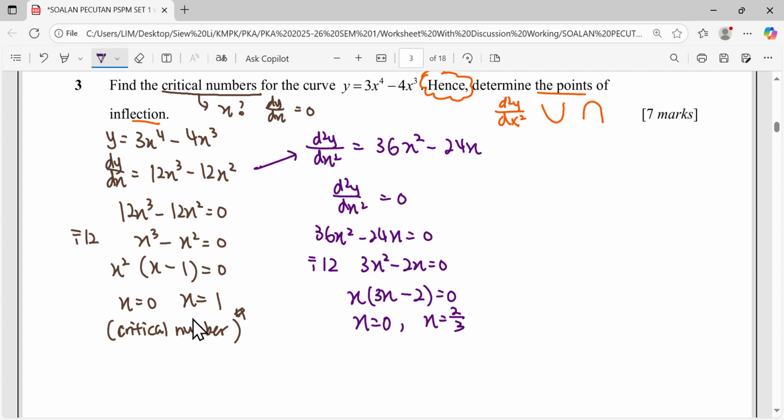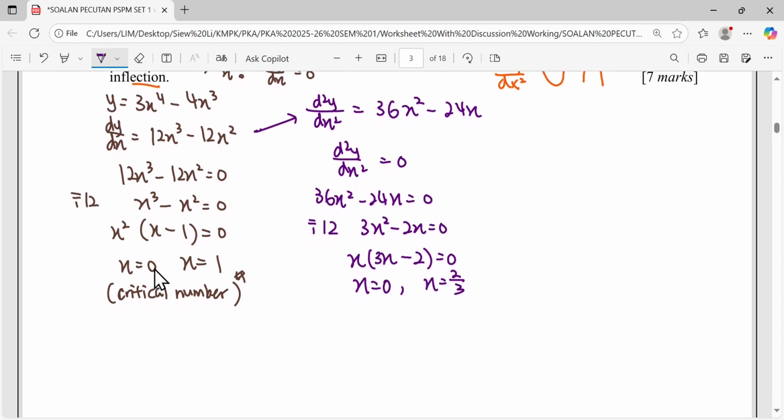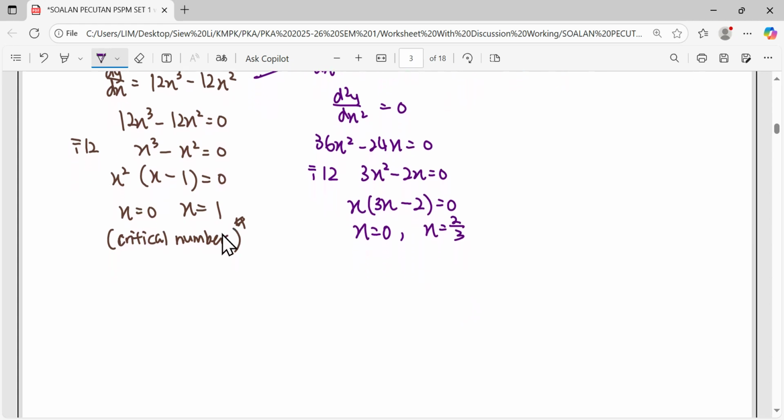Because when we have these two critical numbers, we need to observe what happens before 0 and after 0, before 1 and after 1, to see the concavity. But don't forget that when d2y/dx squared equals 0, we might also create an inflection point. So you can see we have a new value at x equals 2/3.